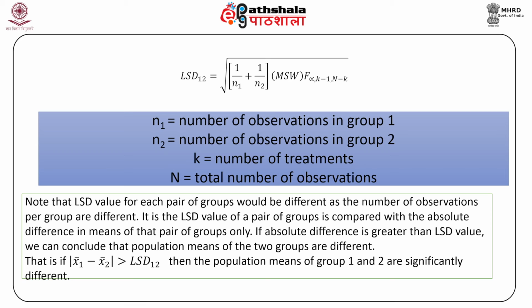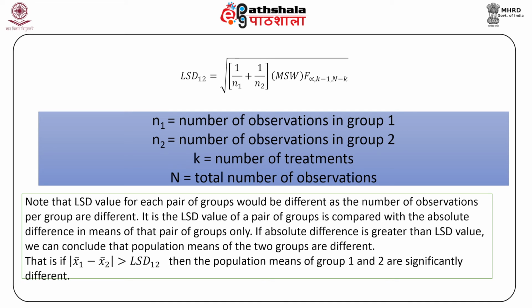Note that the LSD value for each pair of groups would be different, as the number of observations per group are different. The LSD value of a pair of groups is compared with the absolute difference in means of that pair of groups only.